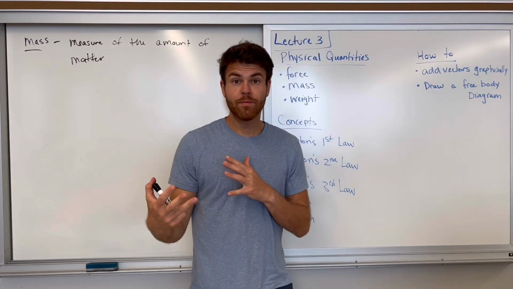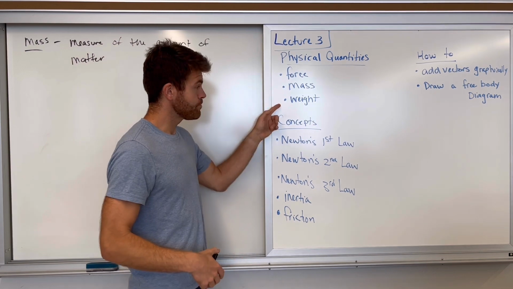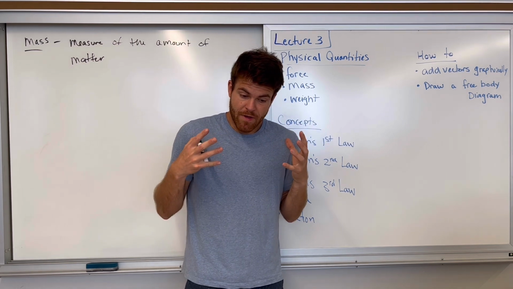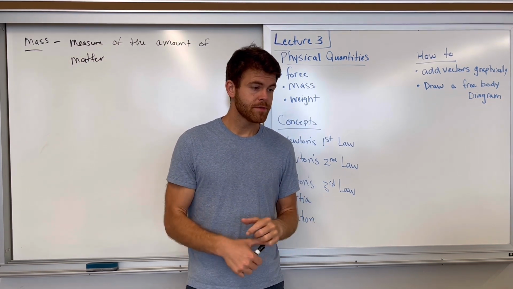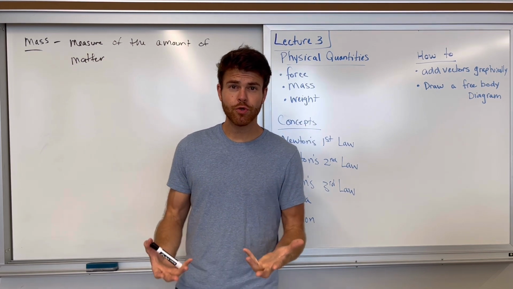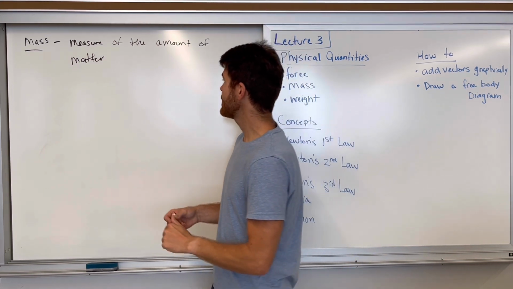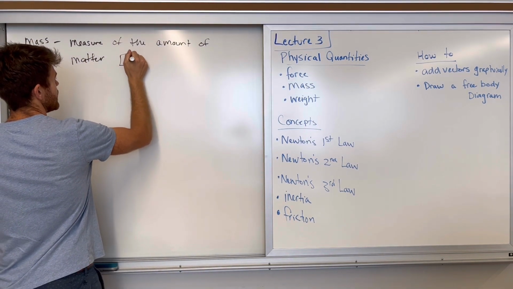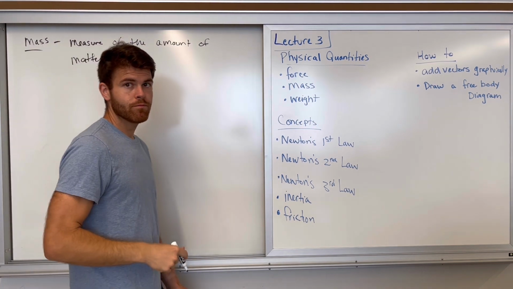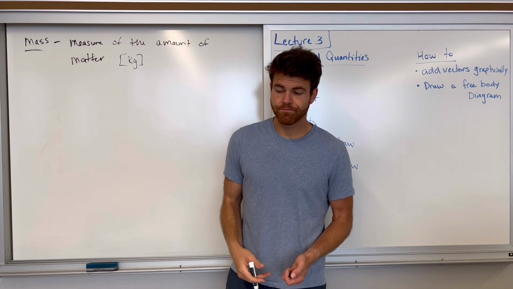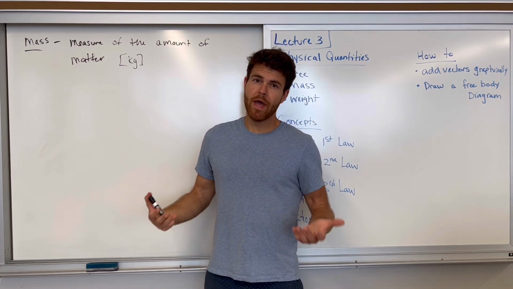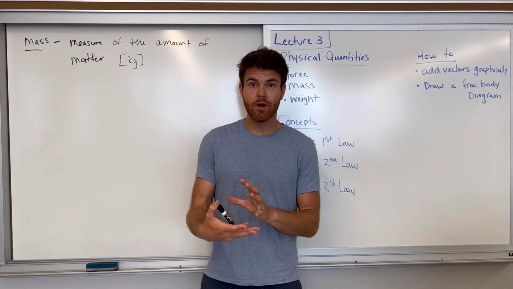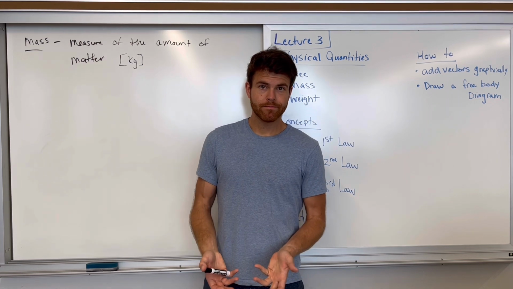Not to be confused with weight, we're going to talk about weight today, but mass is the amount of matter contained in an object, and the standard unit of measure for mass in the SI system is the kilogram, right? A smaller unit would be a gram. The larger an object is, typically the more mass it has. A bowling ball has more mass than a volleyball.